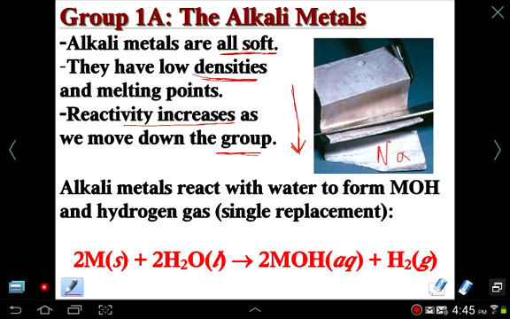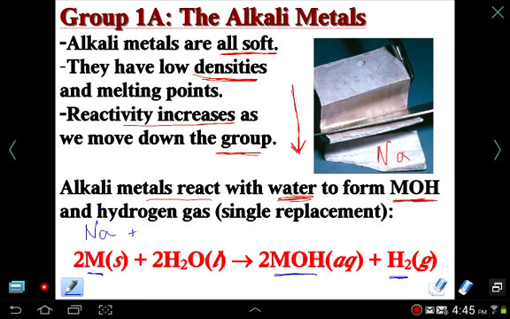One of the more famous equations for you to remember is the reaction of the alkali metal with water to form their corresponding metal hydroxide. So if you take a look, in this case we have the metal reacting with water to produce the metal hydroxide, and then hydrogen gas is evolved. The way to think of this one is actually to think of it as a single replacement reaction. So think of sodium here, for example, reacting with water.